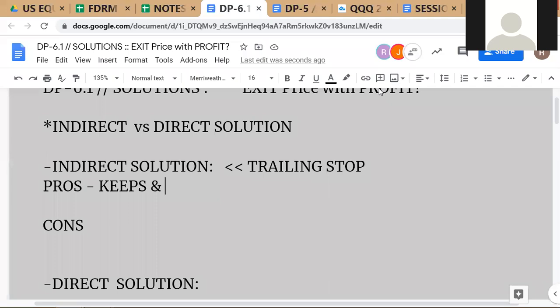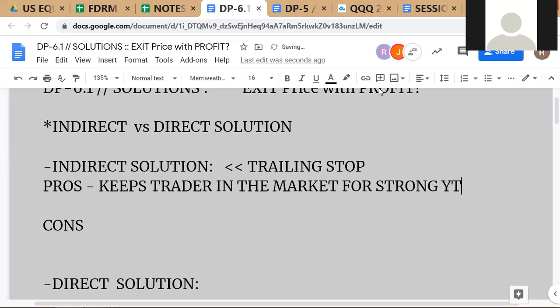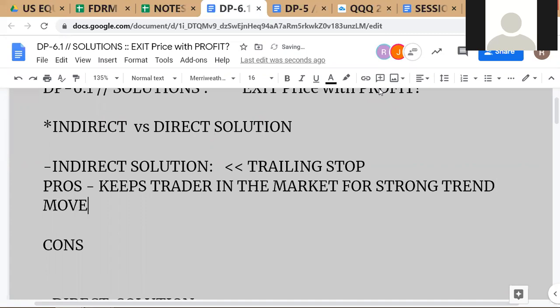Pros: keeps trader in the market for strong trend moves. Okay, this is what we mean, that you don't anticipate changes.